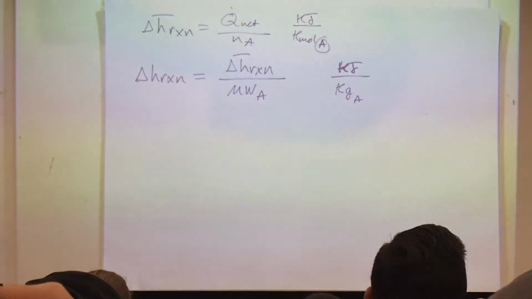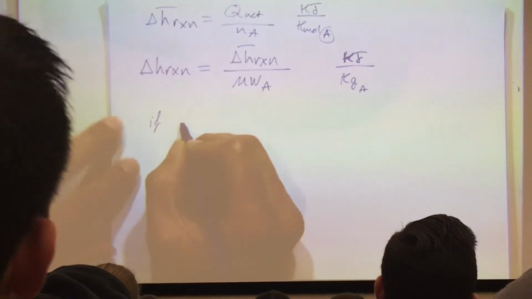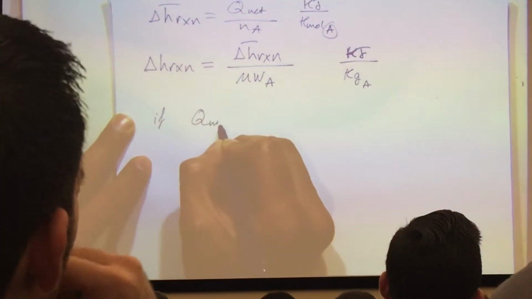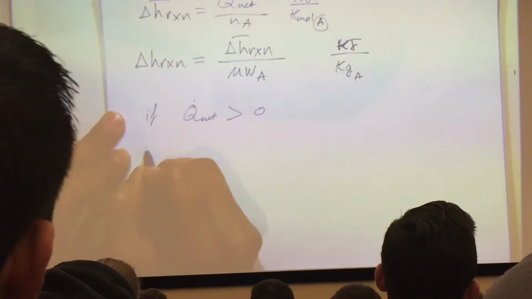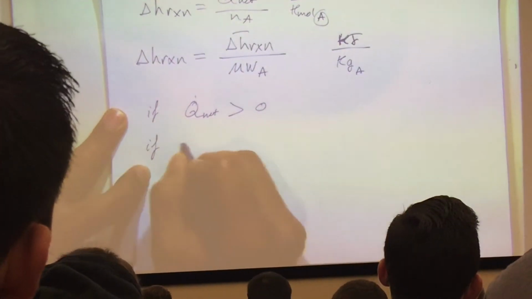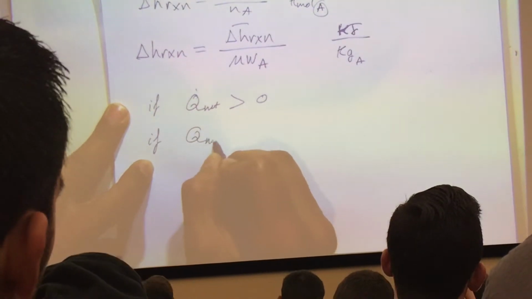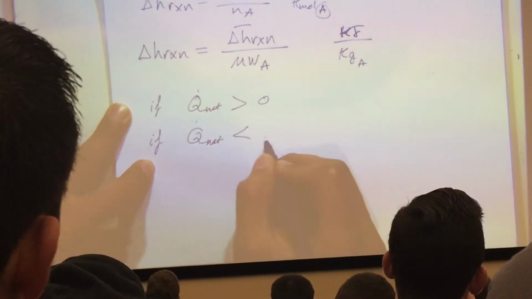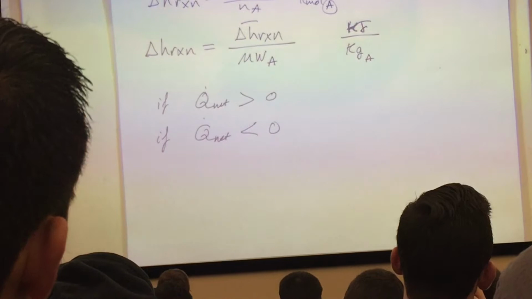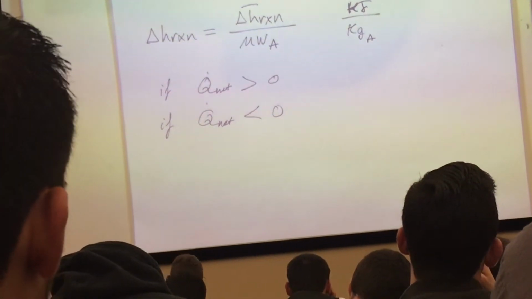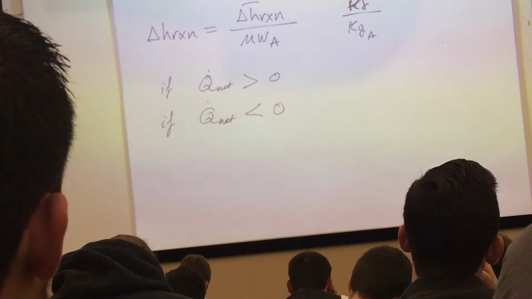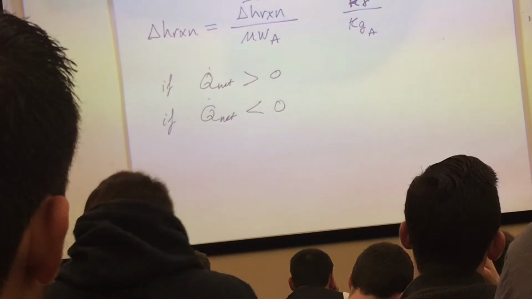And if it ends up, and we talked about this earlier, if Q net ends up being greater than 0, what is the process? Endothermic or exothermic? If Q net is greater than 0, endothermic.